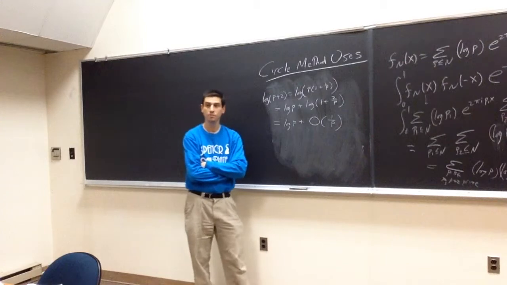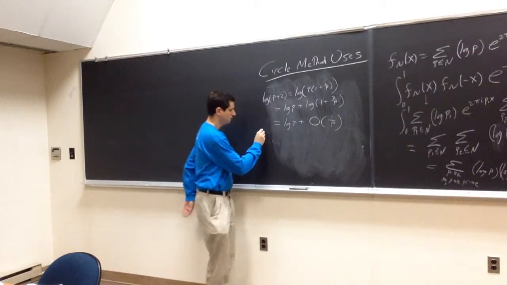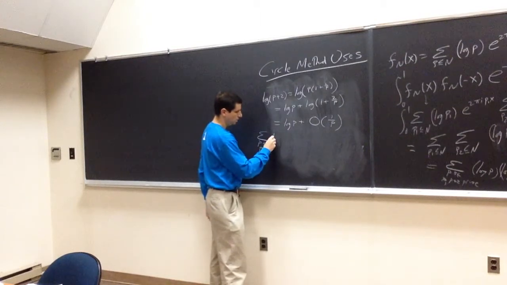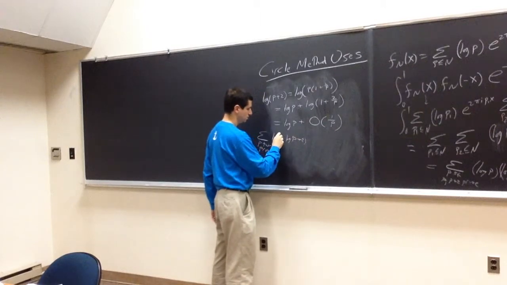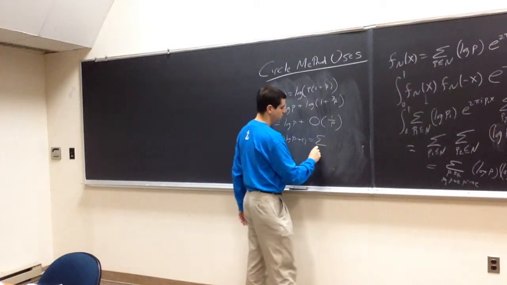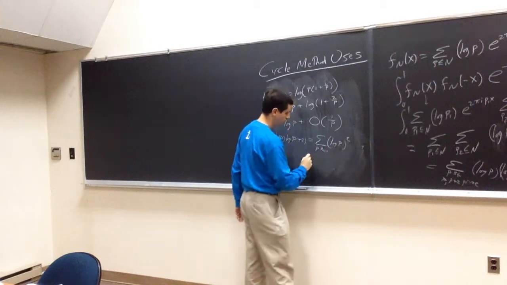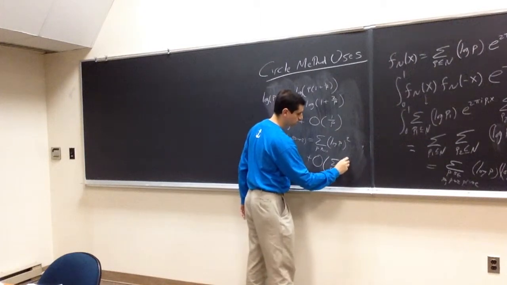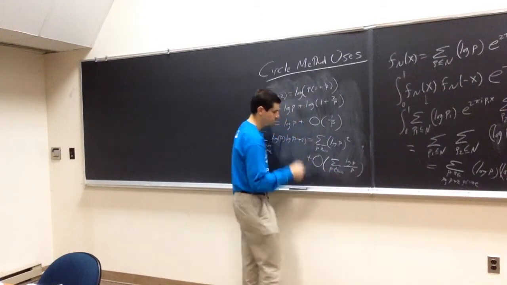Now the sum of log p over p is not completely negligible. So the sum over p, a twin prime, of log p plus 2, this is going to be the sum over p twin of log p, plus an error term of the sum over p twin of log p over p.